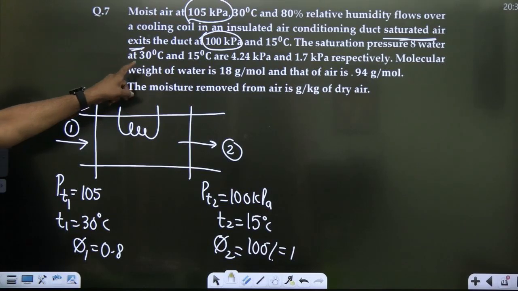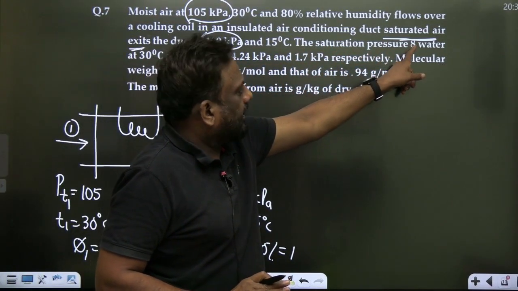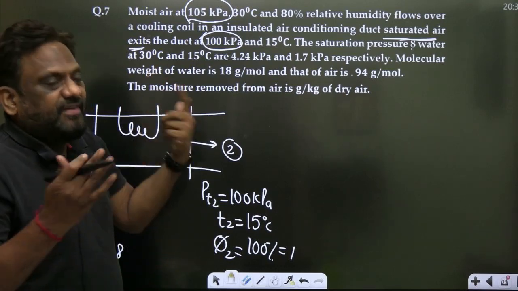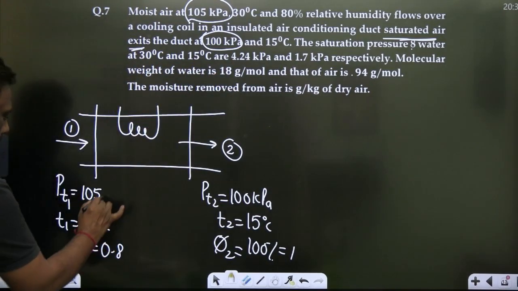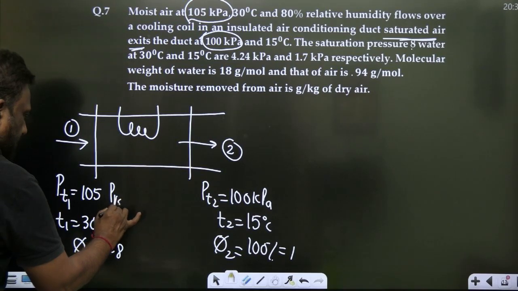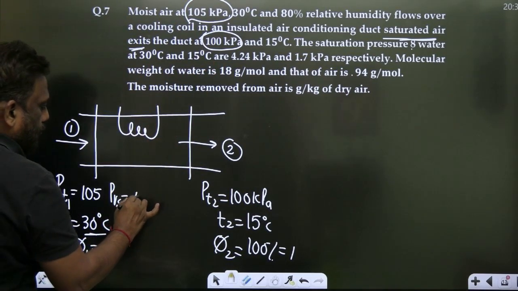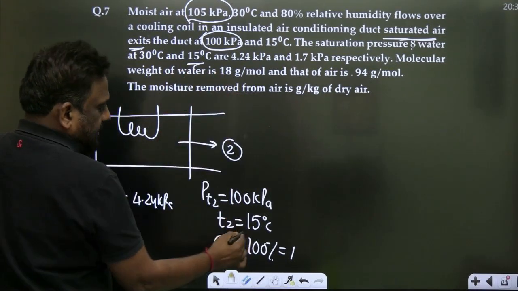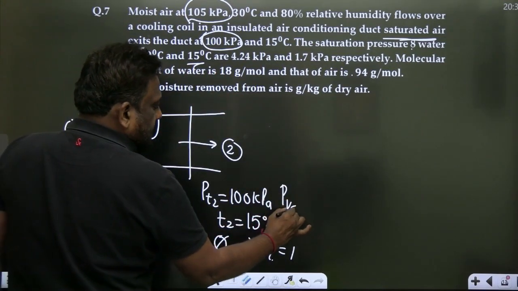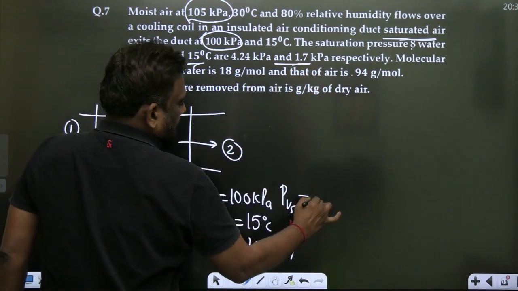The saturation pressure of water, PVS, at 30 and 15 degrees: at 30 degrees, the saturation pressure is 4.24 kilopascal, and at 15 degrees, PVS is given as 1.7 kilopascal.